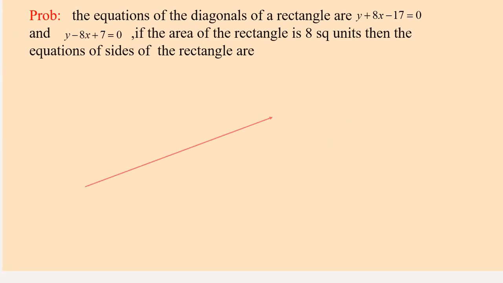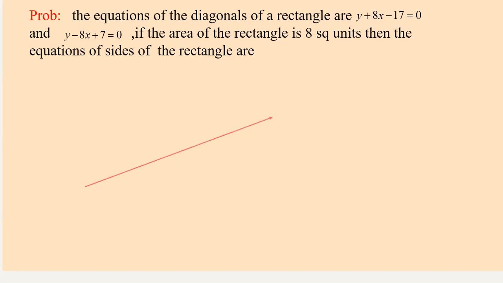The equations of the diagonals of a rectangle are y plus 8x minus 17 is equal to 0 and y minus 8x plus 7 is equal to 0. If the area of the rectangle is 8 square units, then what are the equations of the sides of the rectangle?